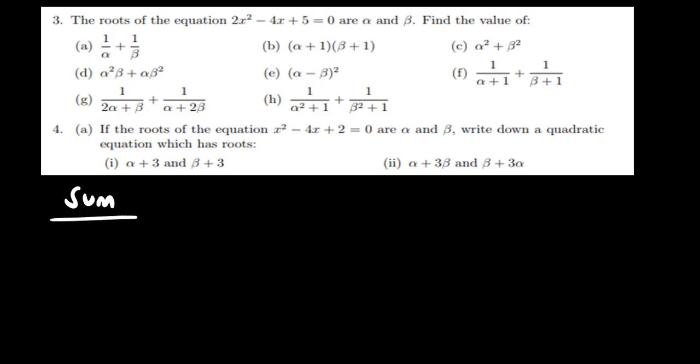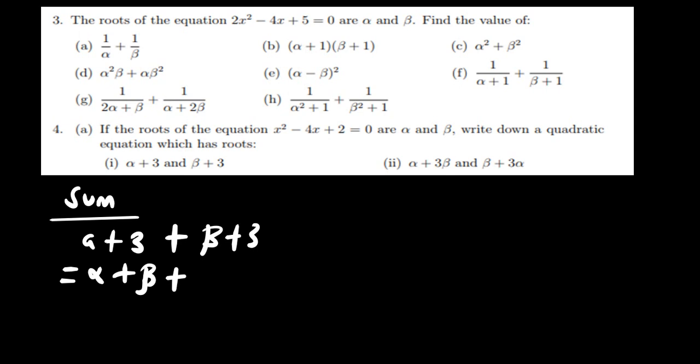They've already given you the roots: alpha plus 3 and beta plus 3, so you add them. You're going to have alpha plus beta plus 3 plus 3, that is a 6. So this will be your sum.